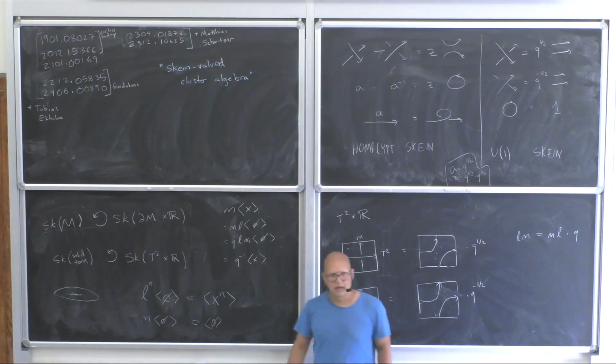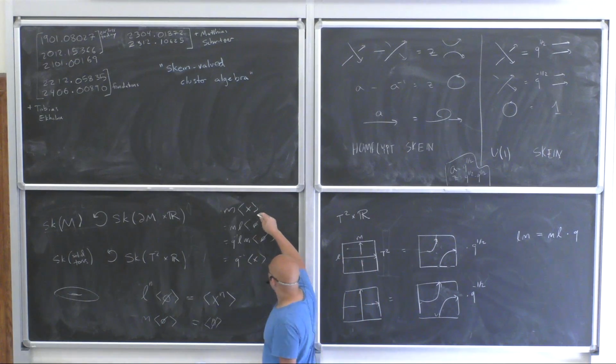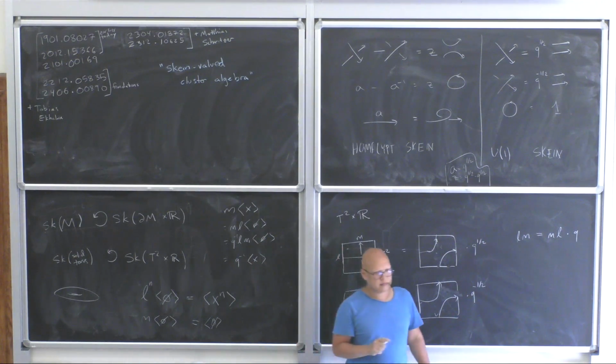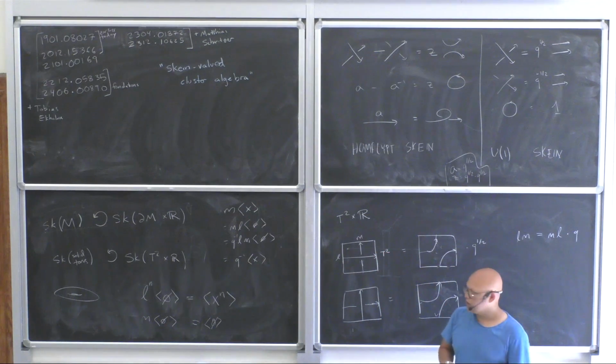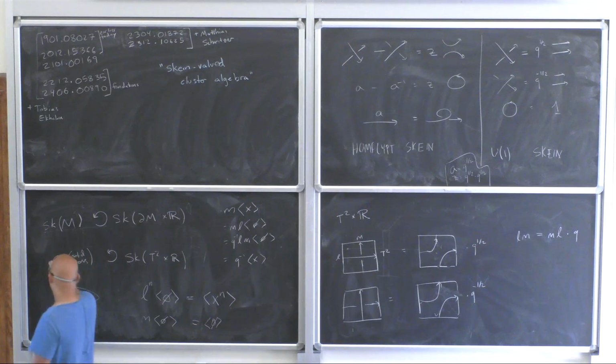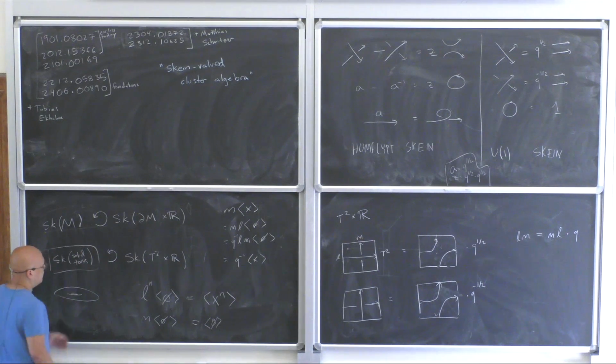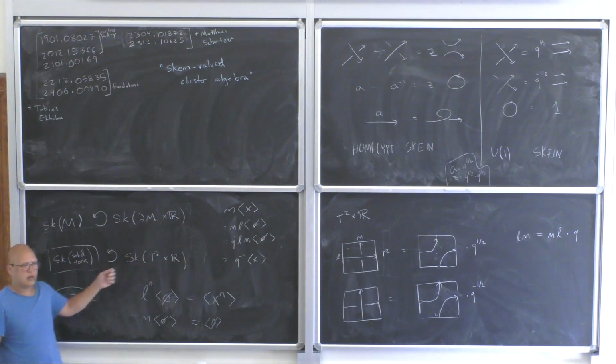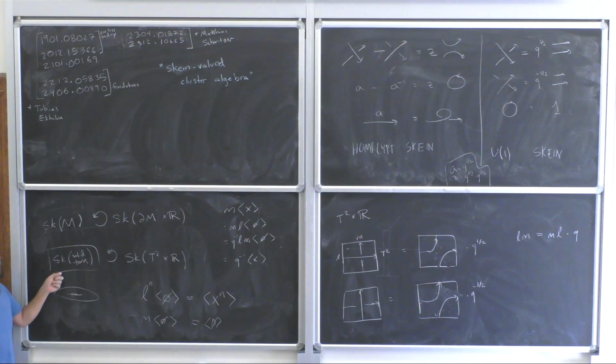And more generally, if I put x to the n here, it would pull out n copies of q inverse. So this calculation shows you that the solid torus, this is the quantum torus, and I've calculated for you that this is its polynomial representation.